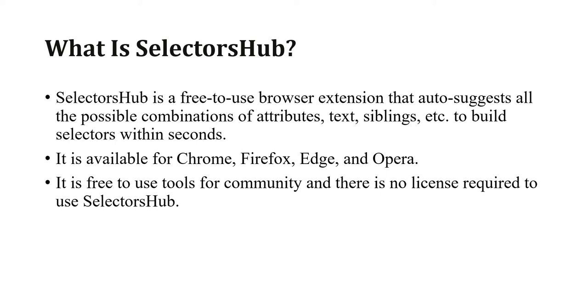Once you enter a tag name, it will automatically suggest all the possible combinations of all the text elements, everything. This Selectors Hub extension is available for all browsers: Chrome, Firefox, Edge, and Opera. It is free to use, there is no worry about payment, and no license is required.